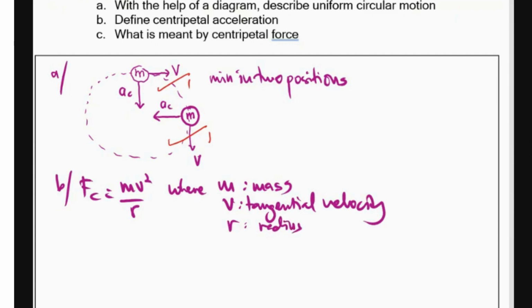Another mark goes if you describe the direction of the centripetal force, which is towards the center of the circle.